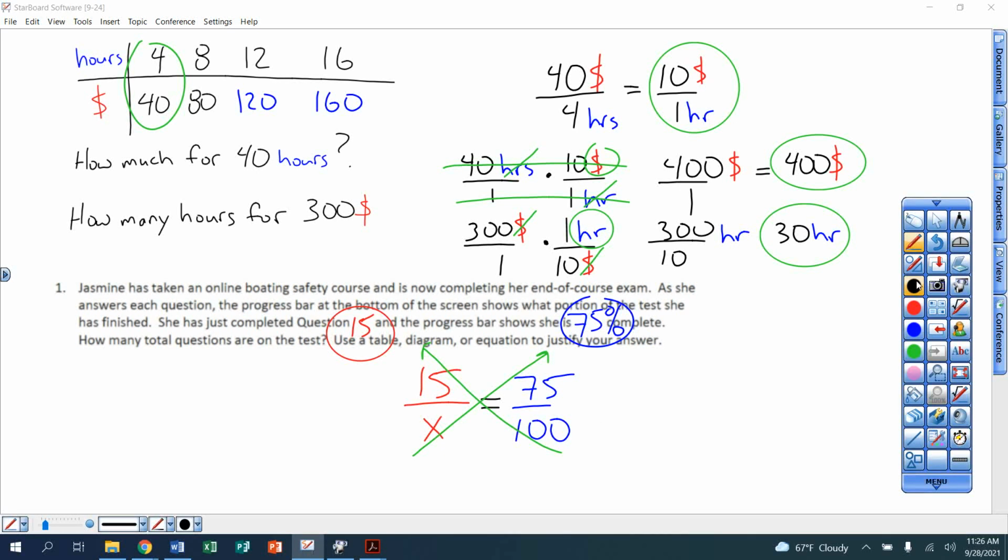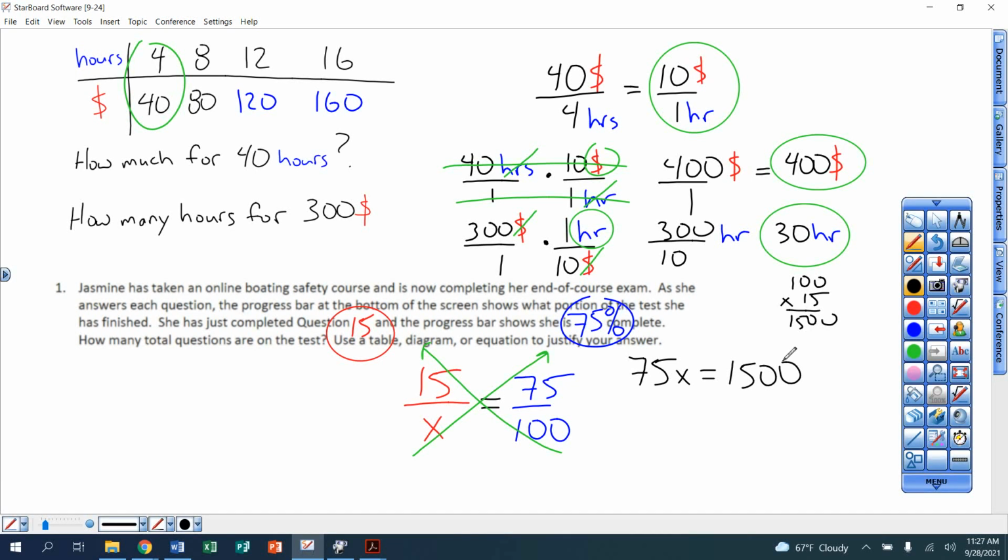75 times that x, we write it like this, 75x. Put an equal there. 15 times 100, I use my calculator to times that. 15 times 100 gives me 1500. Put that number right here. And now I need to solve this one-step equation.